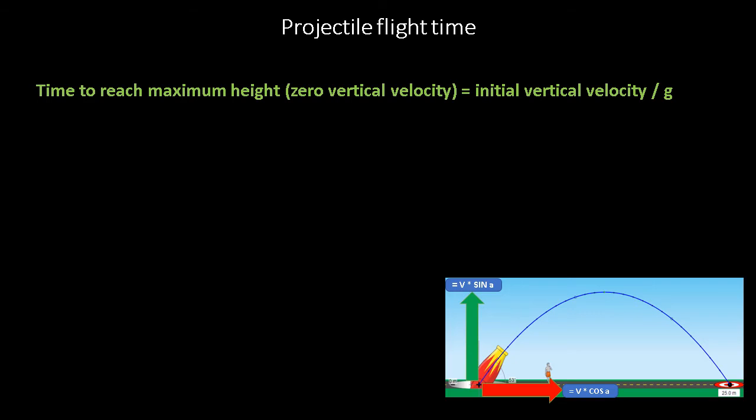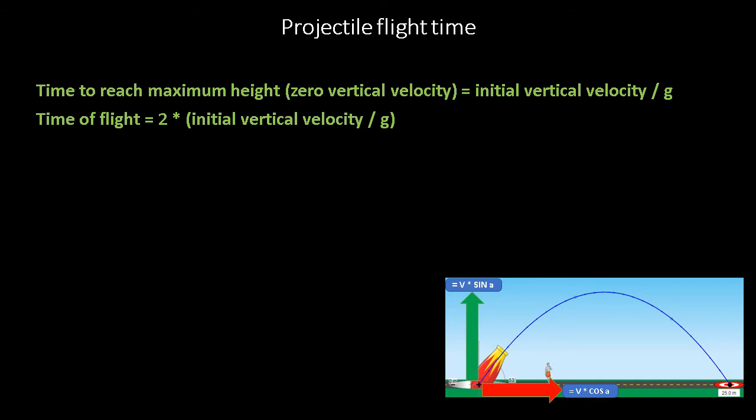So if your vertical velocity is 100 meters per second upward, every second you're going to lose 10 meters per second of that speed. So in 10 seconds you don't have any vertical speed and you start falling. That's the second half of the trip. So the time of the flight equals 2 multiplied by the initial vertical velocity divided by g.